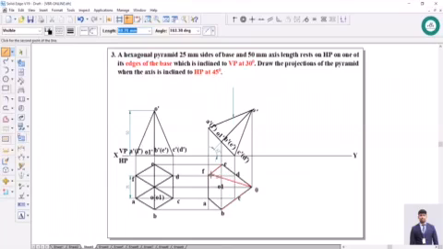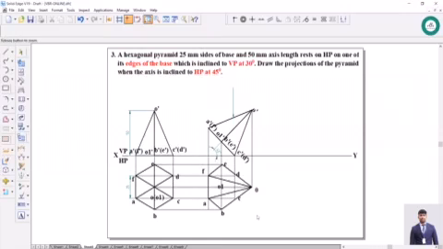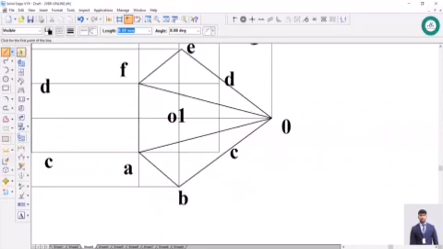O to A is clearly visible. O to F is also clearly visible. So once it is done, zoom this part, go to line command, take the dotted line. Since this base part is not visible, join this with the dotted line.